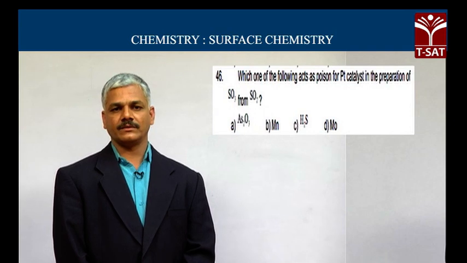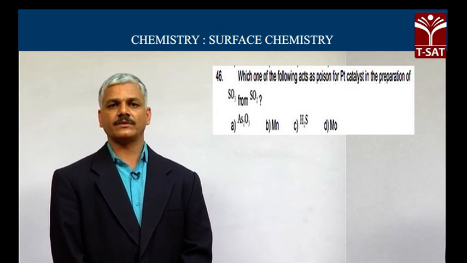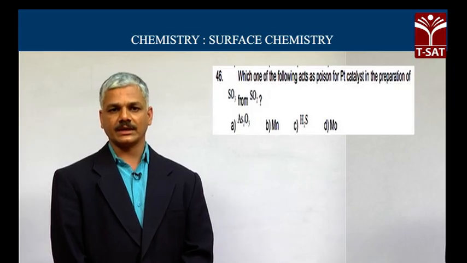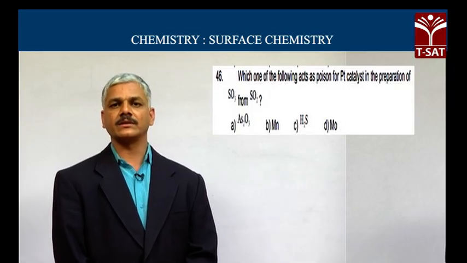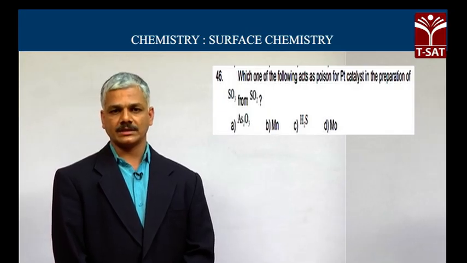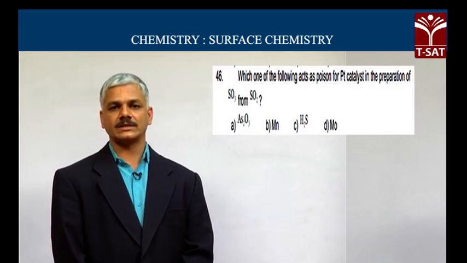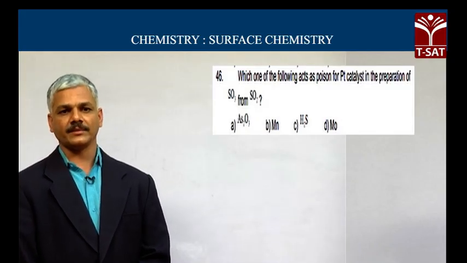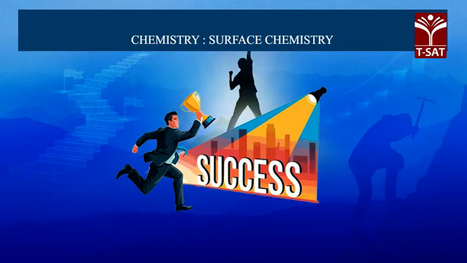Which of the following acts as a poison for platinum catalyst in the preparation of sulfur trioxide from sulfur dioxide? Given options are: arsenic oxide, manganese, hydrogen sulfide and molybdenum. Correct option is A, arsenic oxide.